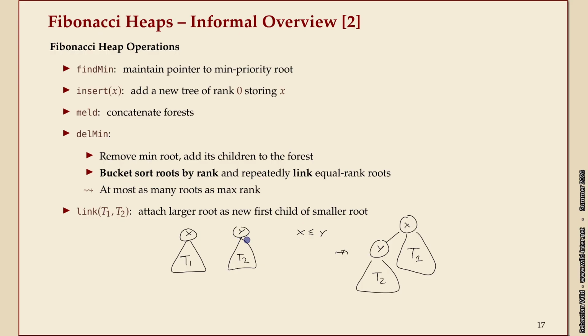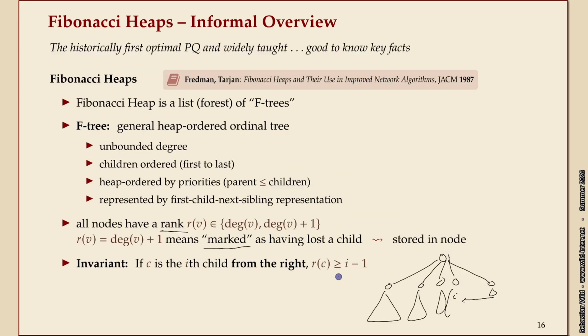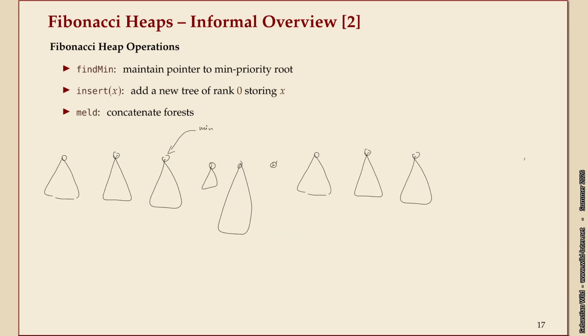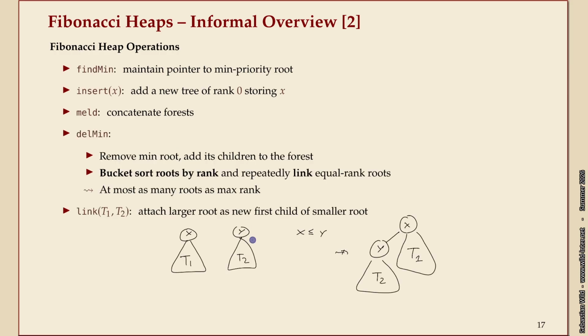Remember this invariant here, that the further I go left in the list of children, the larger the rank has to be. And here I'm calling link always on two equal rank things, so I'm safe to put it here.